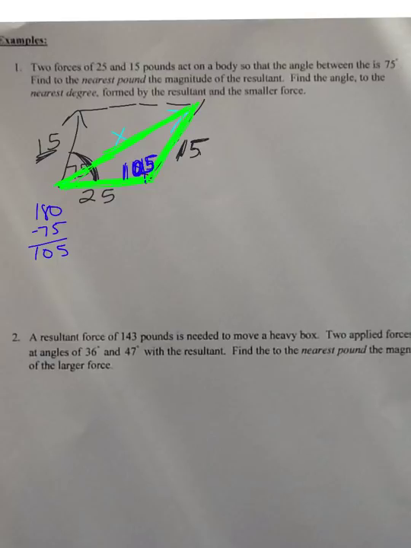Remember, law of cosines is a squared equals b squared plus c squared minus 2bc cosine of A. So I have x squared equals 15 squared plus 25 squared minus 2 times 15 times 25 cosine of 105. Since I have the whole right side, you could just plug that whole thing in at one time. And we get 1044.114284. Square root, second answer, 32.312. To the nearest pound, that means a whole number, that would be 32 pounds.